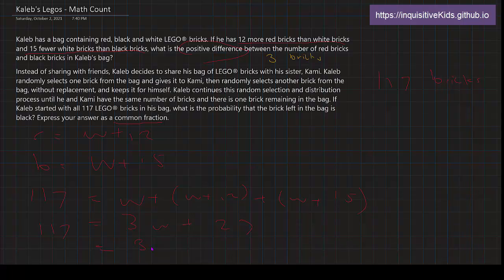On the right side we have 3W, and on the left side we have 117 minus 27, which is 90, which means that W equals 30. If R is equal to W plus 12, then red would be 42. Black would be 45.